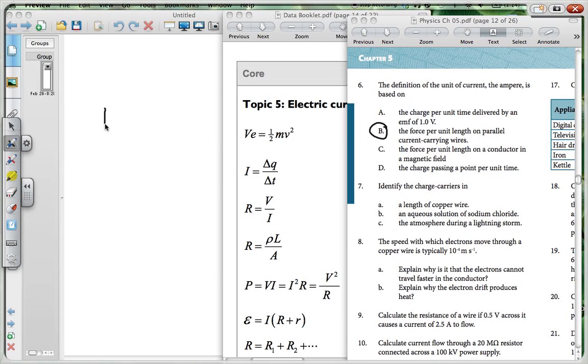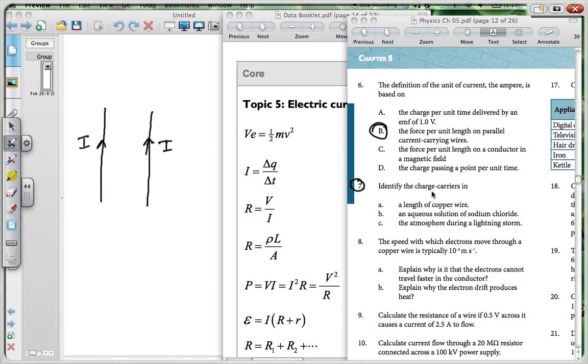When you have 2 wires, and they both have a current in them, they will exert a force on each other, and the amount of that force is dependent on the current. That is where the definition of the ampere comes from. I'll get that definition to you later, but it's dependent on that.